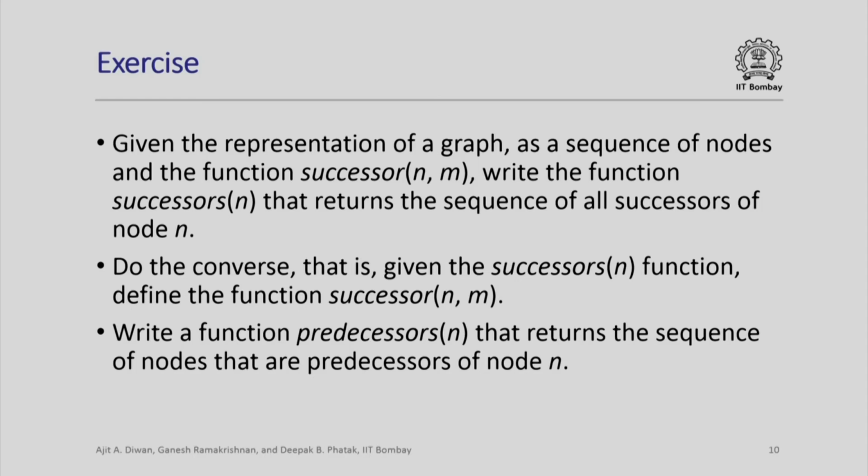Given a function that returns all successors of node n, we can write a function which tells us whether a given node m is a successor of n or not. And now we can use this to write a function called predecessors n that returns the sequence of nodes that are predecessors of a given node n. Or similarly, we can write a function predecessor n m which tells us whether m is a predecessor of n or not.